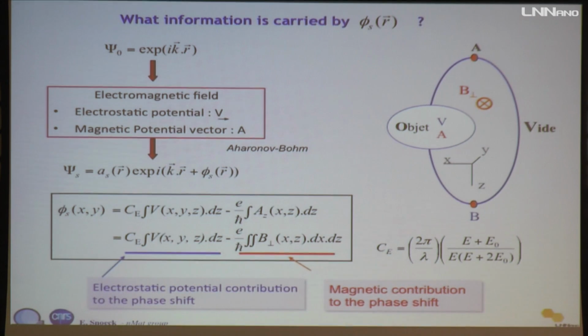So when you work with a non-magnetic material, the phase shift is directly related to this electrostatic potential, to the mean potential. And in the case of magnetic materials, but we will see it tomorrow, we have to find a way to separate this contribution from this one in order to determine the magnetic contribution only.